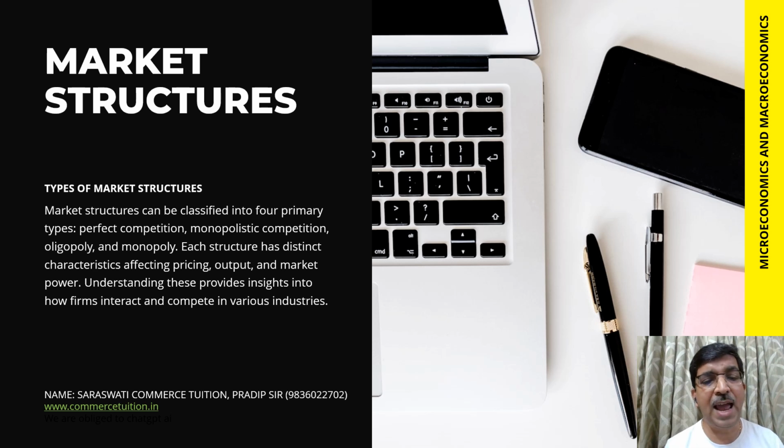Each structure has distinct characteristics, every market has a different character, affecting pricing, output, and market power. Understanding these provides insights into how firms interact and compete in various industries.